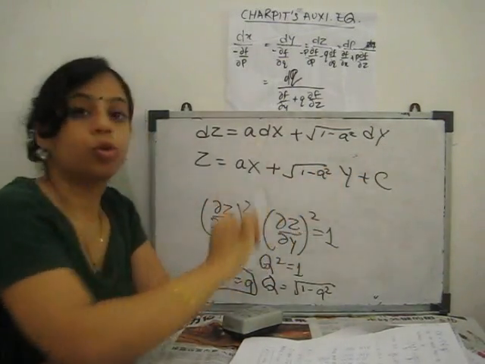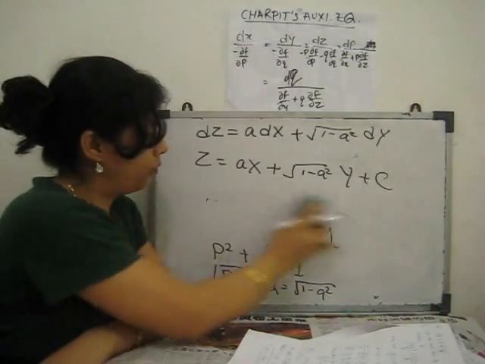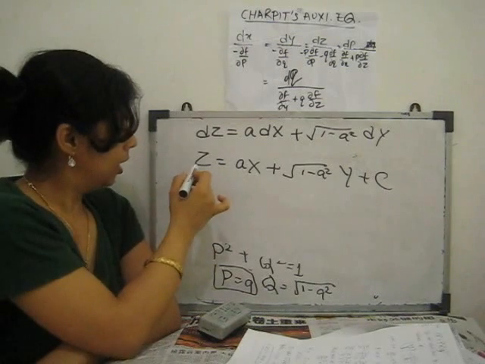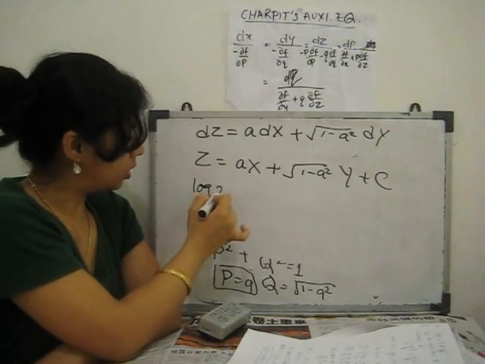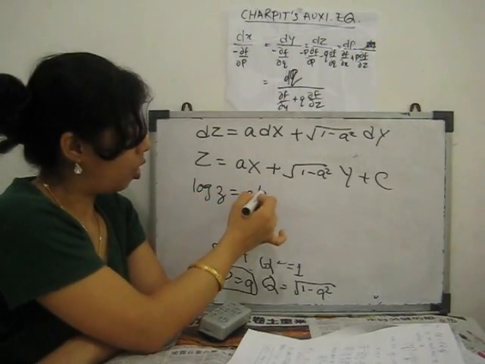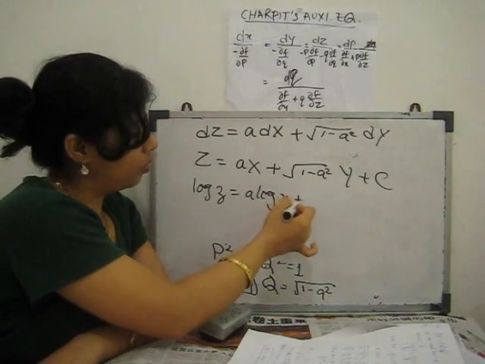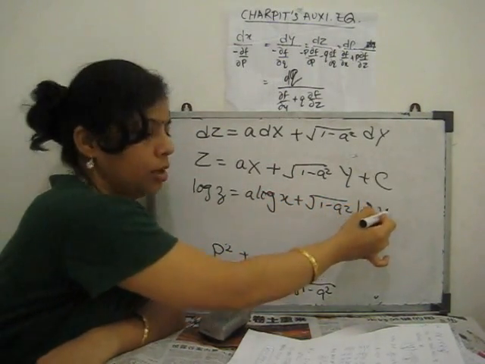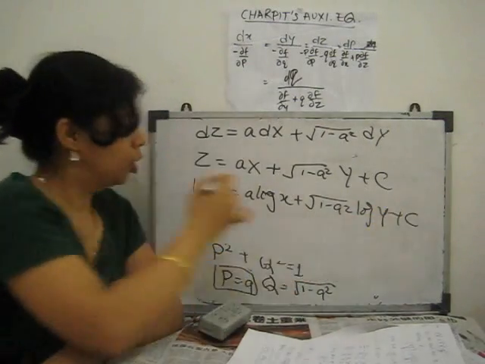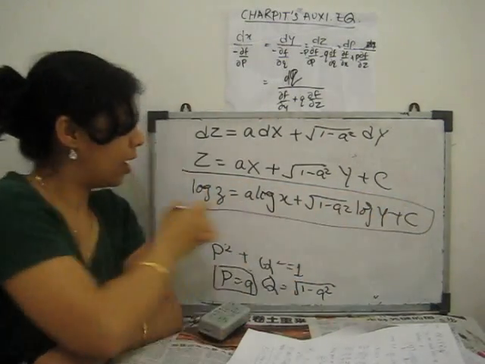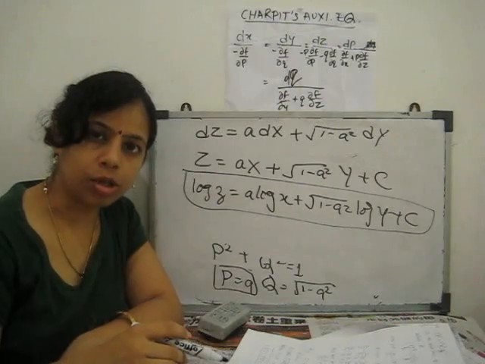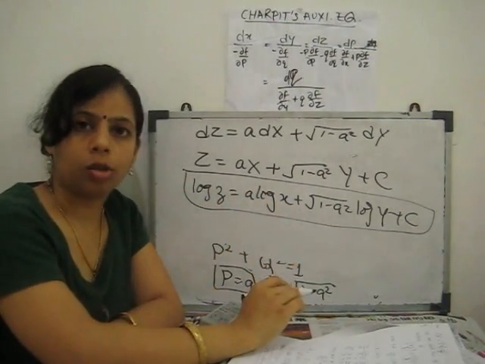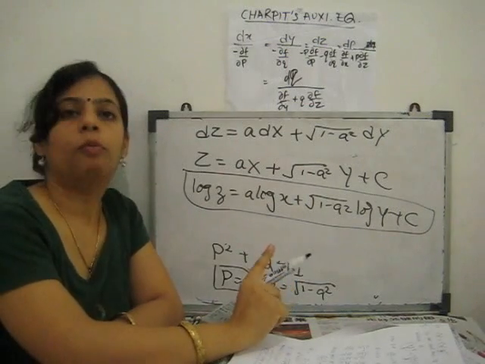Now we have to substitute the values of capital X, Y, Z. What is capital X? Capital X is log x. So this is log of z equal to a log of x plus 1 minus a square log of y plus c. So this is the required solution of the given question. Either you leave it in this form or you may remove the log also. Clear?